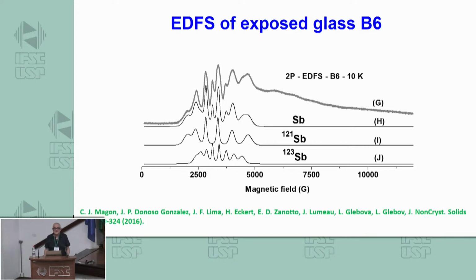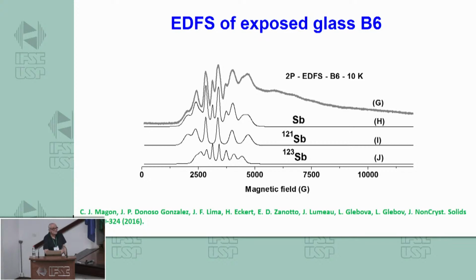Cerium has a 2F5/2 state, 1 unpaired electron, cerium 3+, and because of a large spin orbit coupling, we have this very broad line shape.